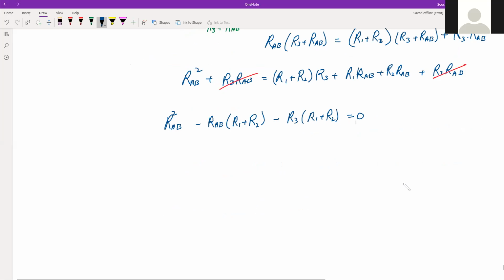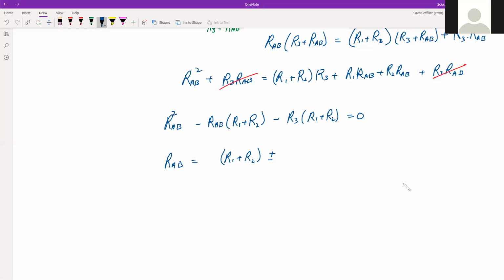So RAB equals minus B, that is R1 plus R2. This is minus B, right? This is a quadratic equation.